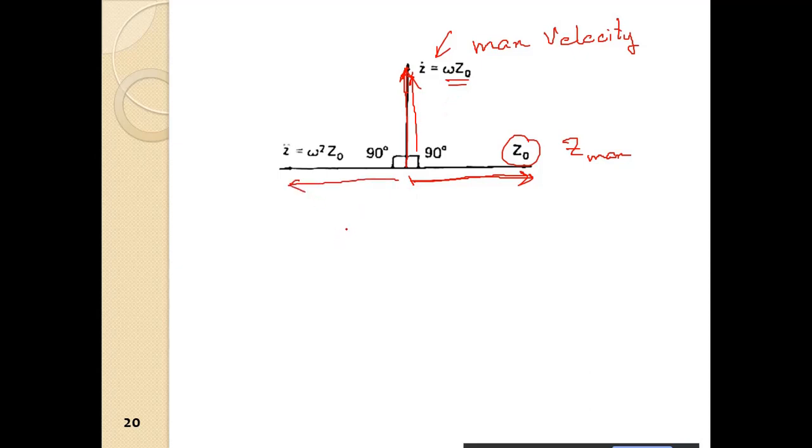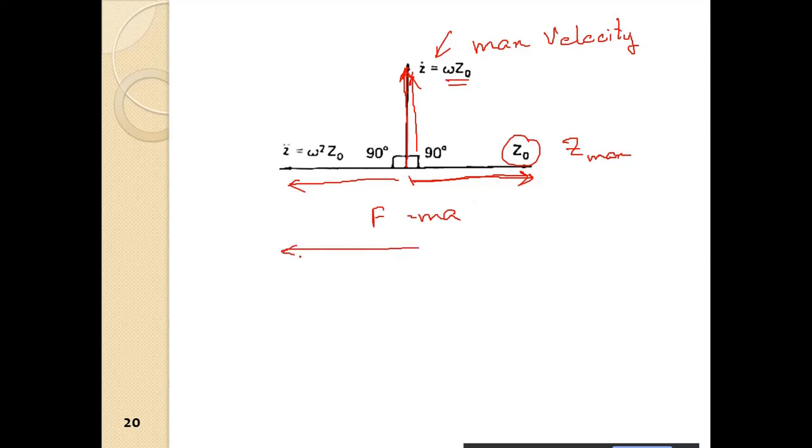So now how to draw the force? We have already discussed F is equal to ma. So F is k into z naught, which will always be opposite to the displacement.